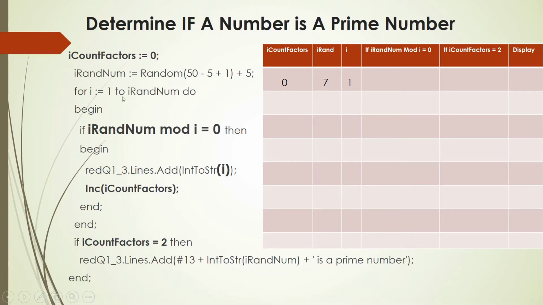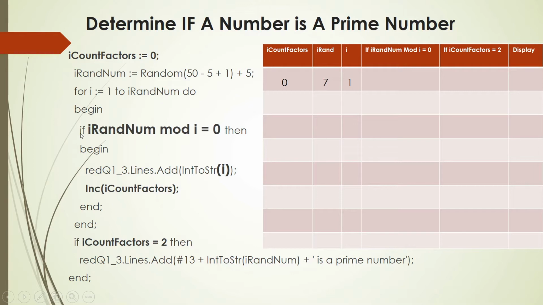And then remember, when you're working with a for loop, you check if 1 is less than or equal to the random number. So I'm physically checking, is 1 less than or equal to 7? If the condition is true, I come inside and I execute statements inside the loop.